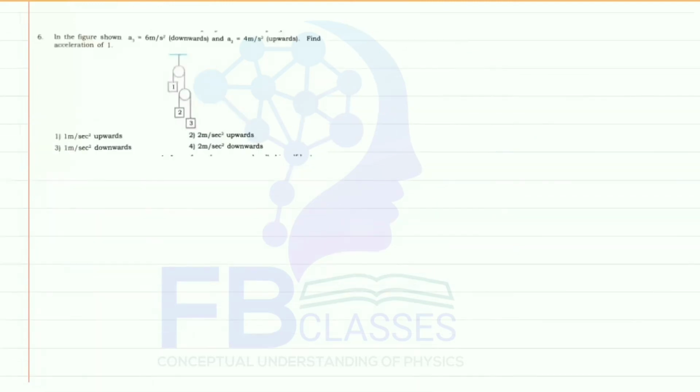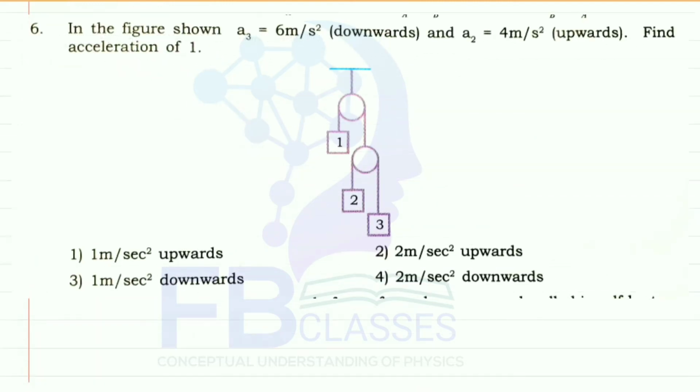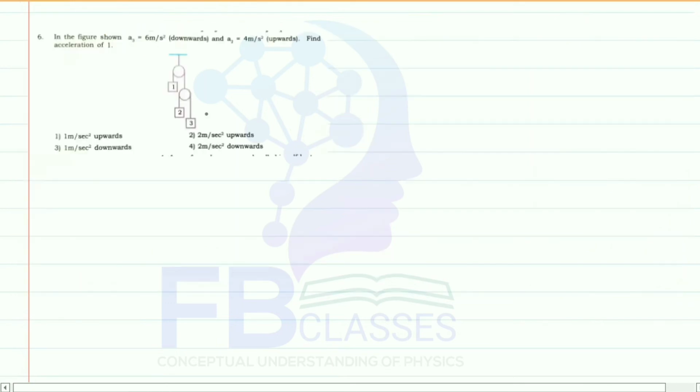Hope you understand. So my dear students, I am going to read the question. In the figure shown, A3 is equal to 6 meter per second square downwards and A2 is equal to 4 meter per second square in the upward direction. Find the acceleration of the first block. Here he asked about the acceleration. Yes or no?